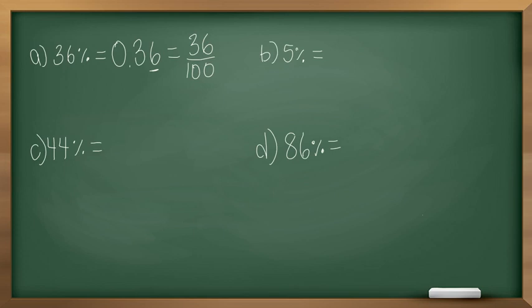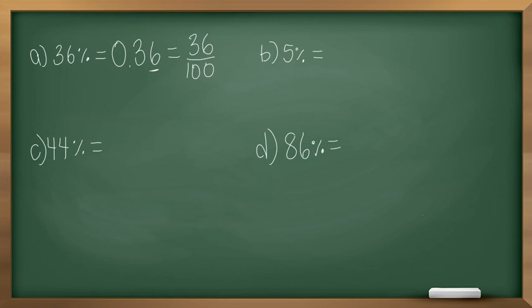Well, they're both even numbers, so I know right away they're both multiples of 2. And from there I think, well, 36 is a multiple of 3, but 100 isn't, so that's no good. But 4, they're both multiples of 4, right? And then if I keep thinking about it, I think that's probably the largest common multiple.